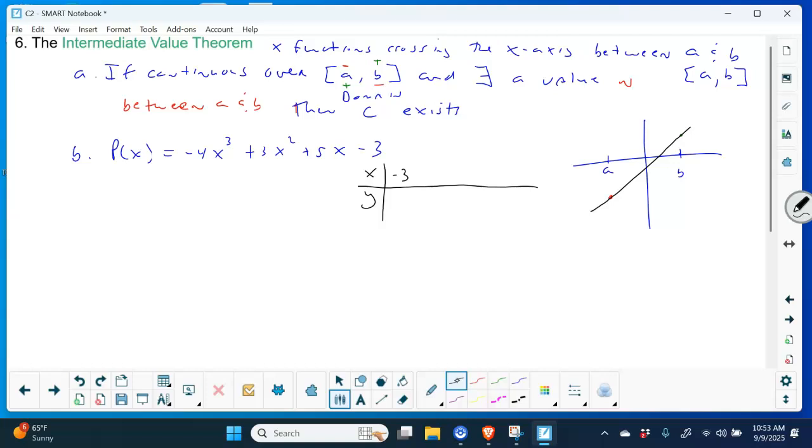When I put in negative 3, I output 72, a positive value. When I try negative 2, I output 31, still a positive value. When I input negative 1, I output negative 1.